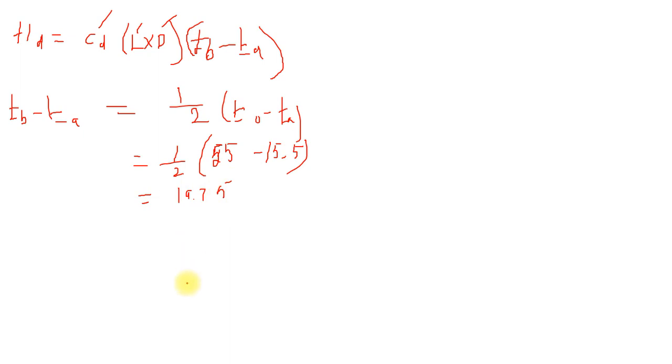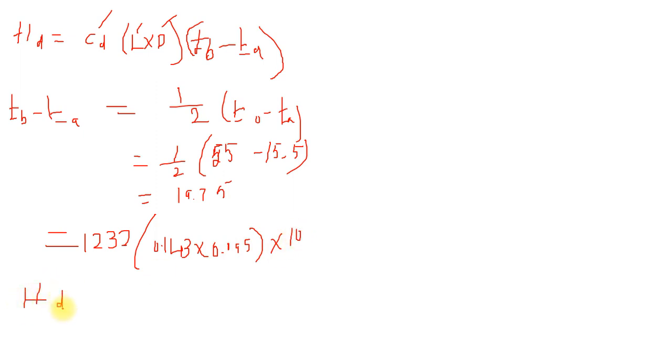Let us substitute all the values in meters, since all the values are given in meters. Here the CD value is 1232, and substituting the length value 1.143 into 0.095 into 10, if I calculate, I can find the heat dissipation value, which is 330.5 joules per second, or it can be written as watt.